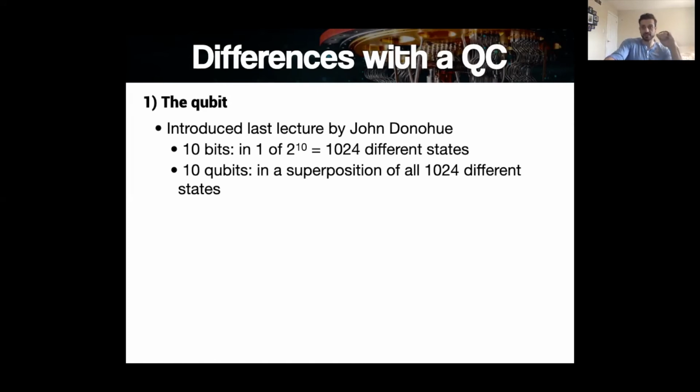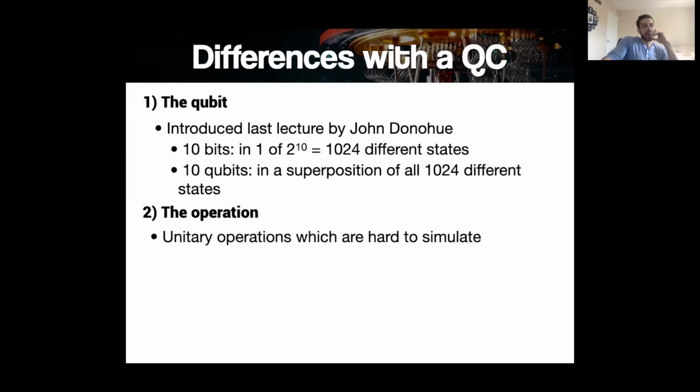For each of those states, there will be some complex number associated with it, and that complex number can be used to determine the probability that it's in that state. So you have a much richer space in which you can encode information in 10 qubits than 10 bits. So the qubit is at the heart of it, but that's not the only interesting thing.